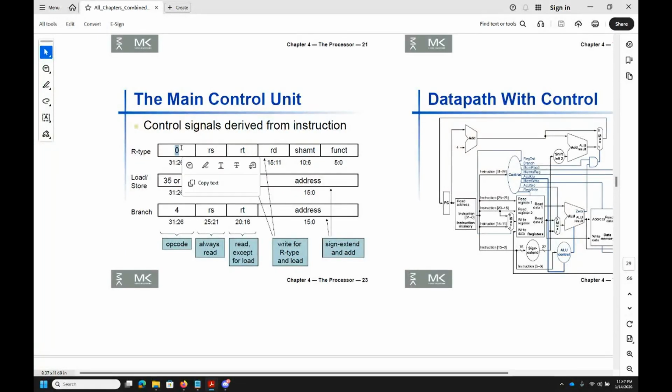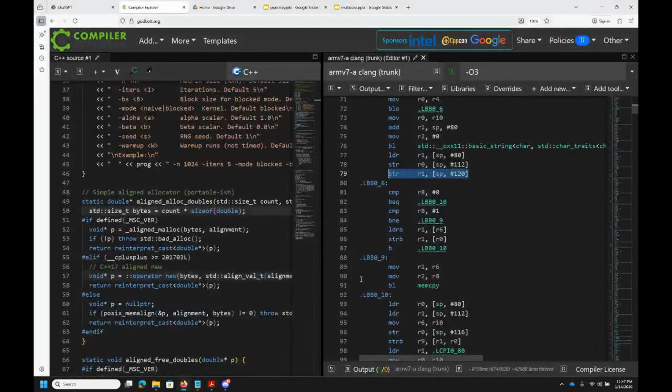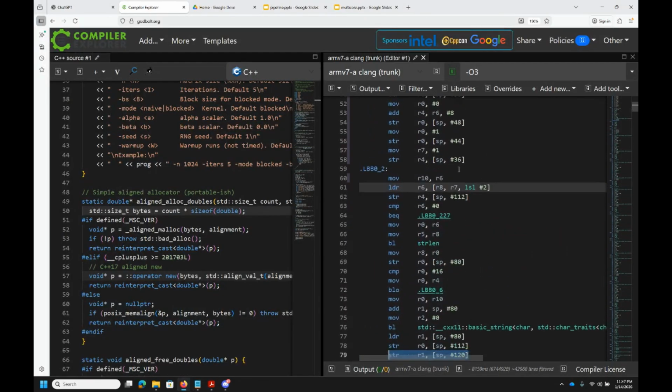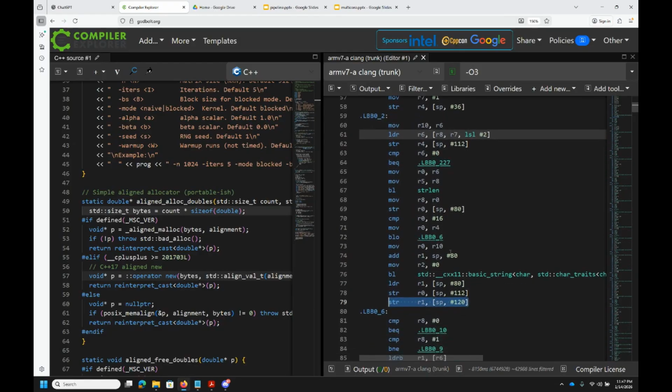So here your R type instruction has these fields. The first one is which instruction. So zero here represents add. RS, RT, RD represents the three registers. So this is the final register where the number has to be added. If we go back to our example, the R1 here is the destination register.